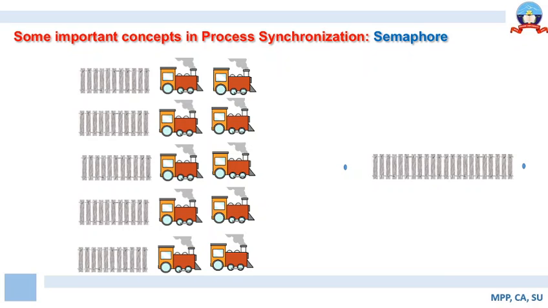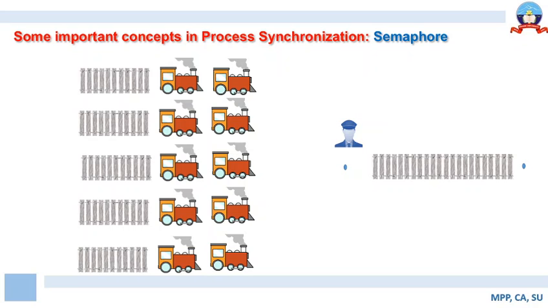In order to ensure this, we need a coordinator. Here the coordinator is the route master, who is responsible for coordinating the traversal of these 5 trains utilizing the single route.